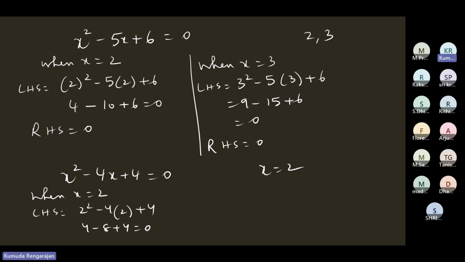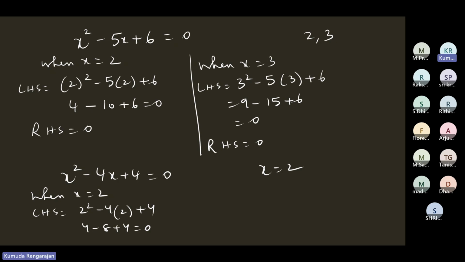Now for this quadratic equation, 2 is the only value that can satisfy it. There is no other value of x that can satisfy this quadratic equation. Of so many real numbers, only this number 2 can satisfy the quadratic equation x squared minus 4x plus 4 is equal to 0.